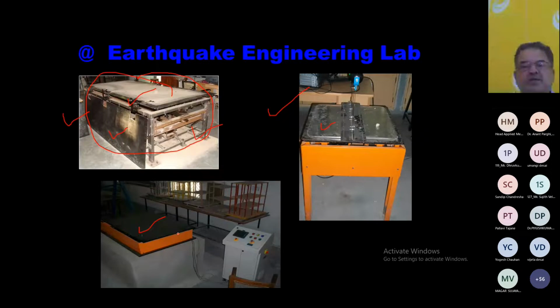So we developed this shake table with the help of Gujarat State Disaster Management Authority, and it cost 4.5 lakh in 2007, right? Now it is costing only 6 lakh after almost 16, 18 years, right? So our purpose is that we don't want to increase the price of this shake table. So we have developed a very low cost shake table.